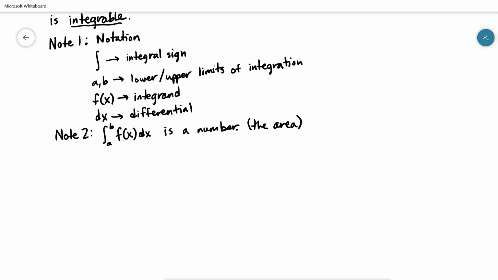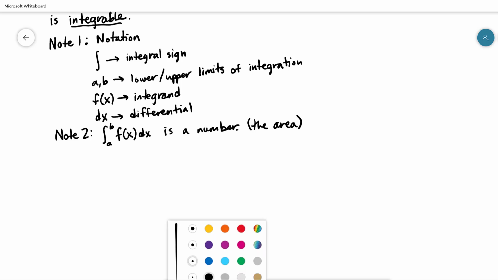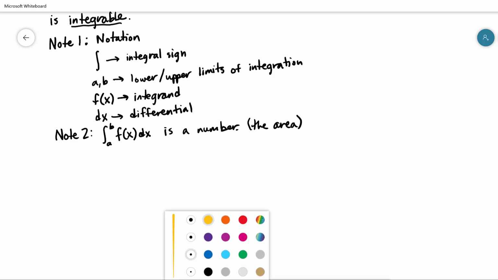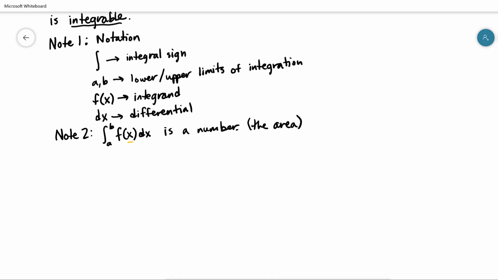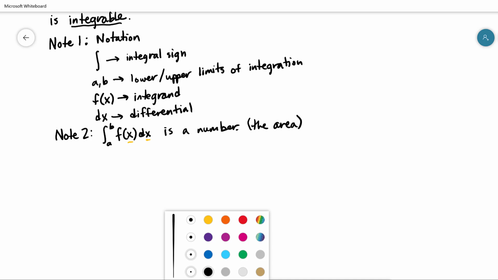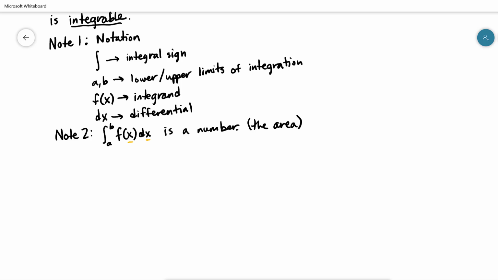There's not going to be any dependence on x. There's an x in the original notation, but there's no dependence on x in the final answer. It's just a number.